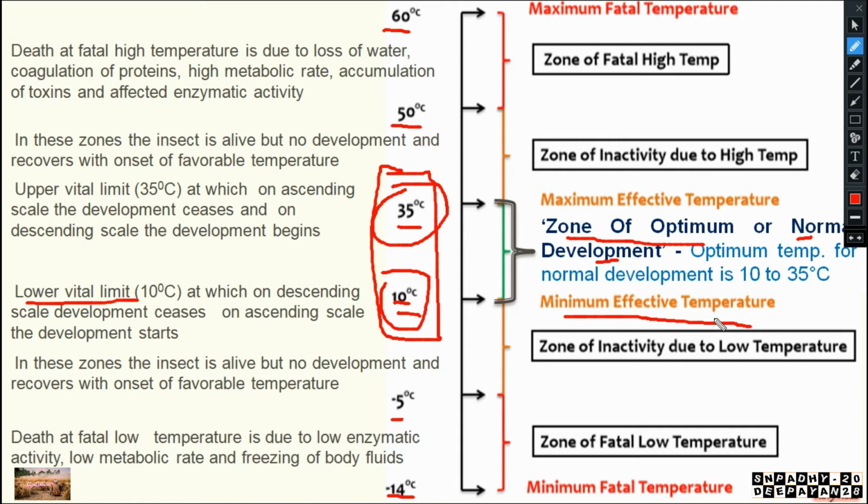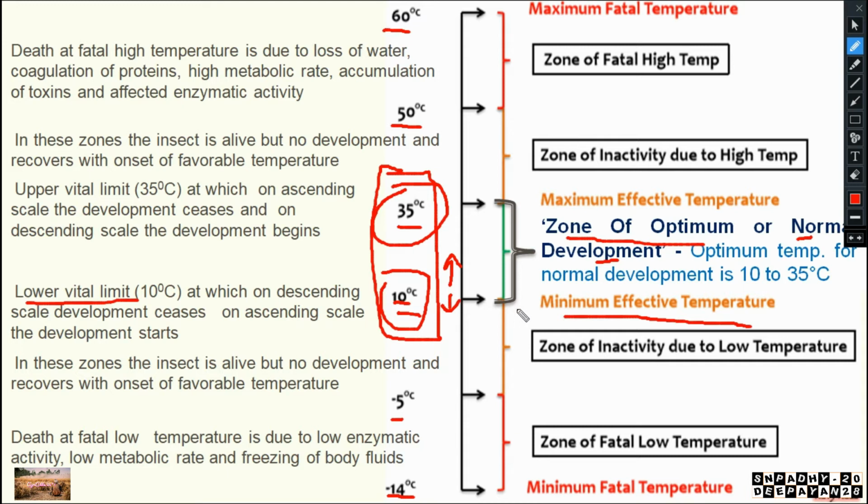That means 10 degrees centigrade is the minimum temperature above which normal development will occur, below which the development will be slowed down and disrupted. If you go above 10 degrees centigrade, development will be normal. If you go below it, your development will be disrupted. It may be slowed down or whatever it may be, but it will be disrupted.